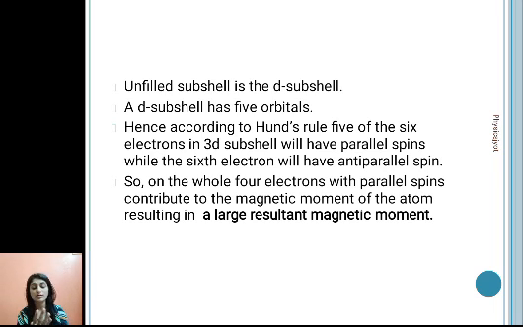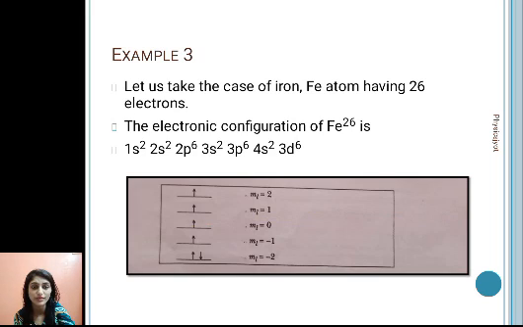Always remember one thing, that completely filled shells, ये मैंने last time भी discuss किया था, completely filled shells or closed shells, they do not take participation or they do not contribute in the magnetic moment of the atom. यहाँ पे देखो we have the electronic configuration is 1s2, 2s2, 2p6, 3s2, 3p6, ये सब है, but all these electrons they do not contribute to the magnetic moment of the atom because closed shells do not contribute to magnetic moment of atom.